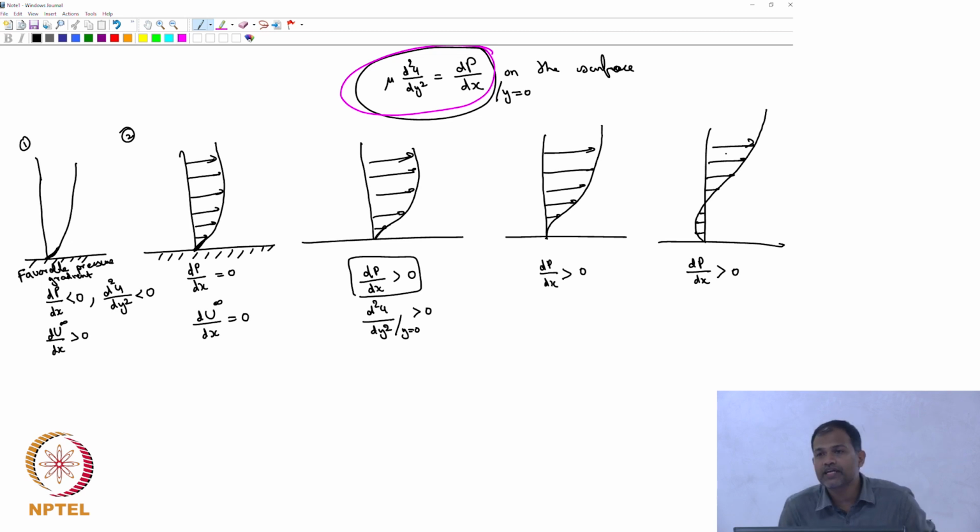If dp by dx is very large, so this is dp by dx small. Let's say this is some moderate and this is some large. Okay, so if outside the boundary layer the pressure increases very much, on the wall the fluid will actually start flowing in the opposite direction.